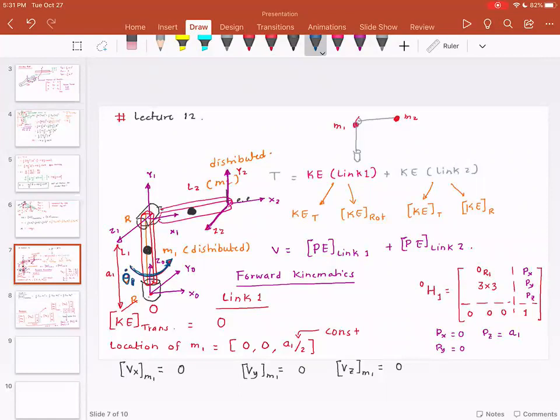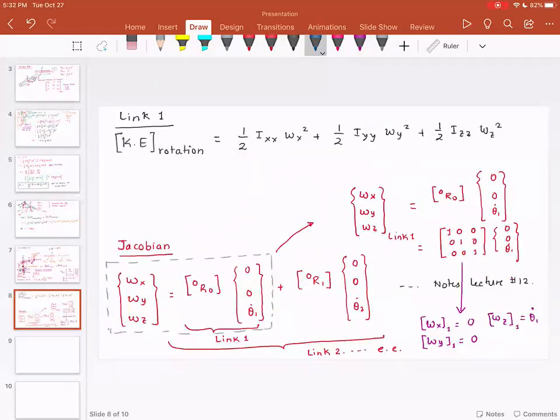The link does not have any rotation about x naught, and no rotation about y naught. So it will not have angular velocity about x naught or y naught. It will only have angular velocity about z naught.